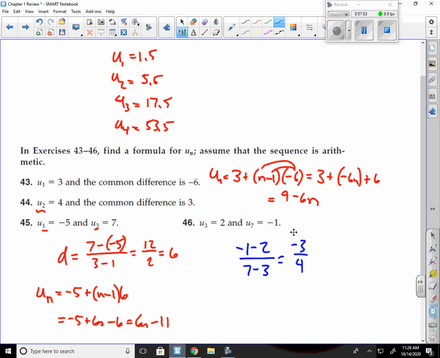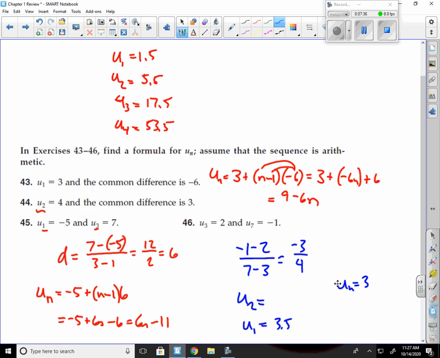So I'm going down by 3/4 each time, which means to come back to u sub 1, I have to add 3/4. So 2 plus 3/4 will give me u sub 2. It's 2.75, sorry. Add another 3/4, and that gives you u sub 1, which is 3.5.